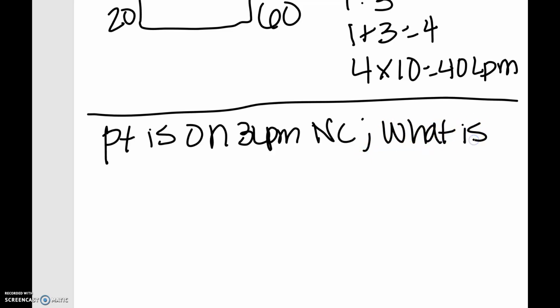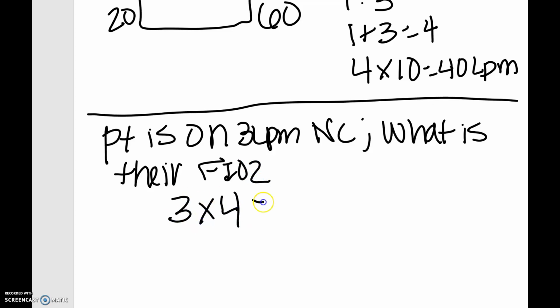What is their FiO2? And for this, you're going to take the 3 liters times 4, which is 12, and then you have to add the 21. So they would be on 33% oxygen.